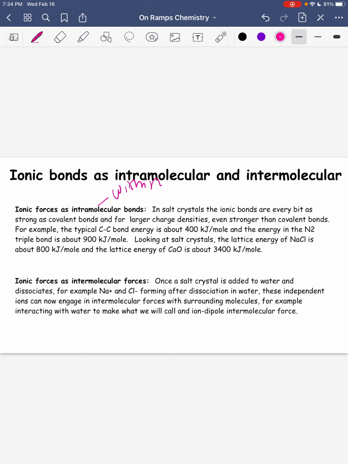But we also have ionic forces as intermolecular, and it's what's going to dissolve the salt and make salt water. So just know from this slide that they can be both intra and intermolecular forces.